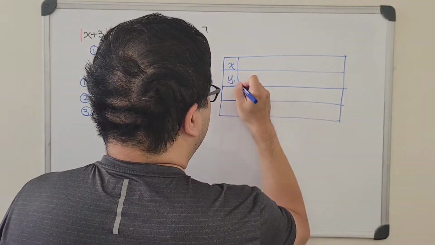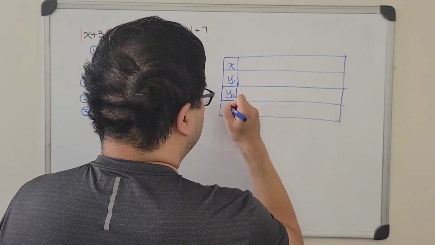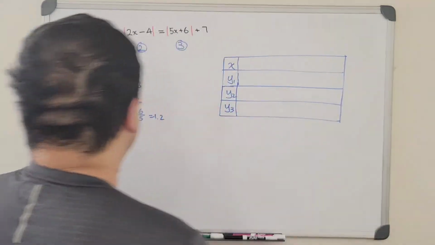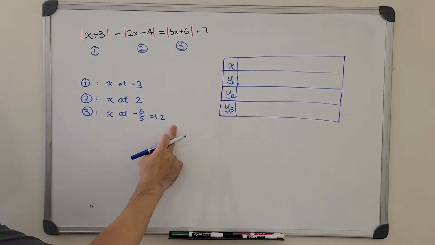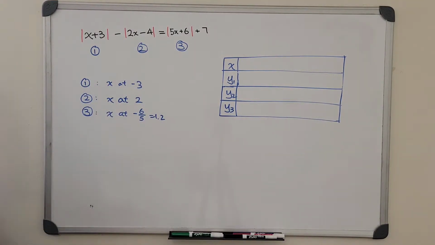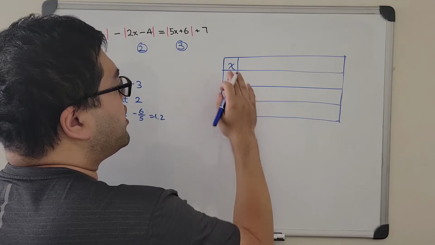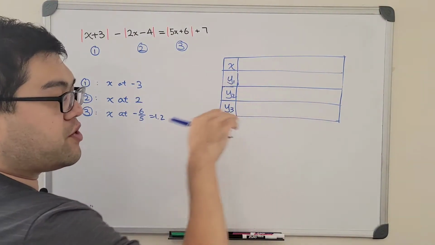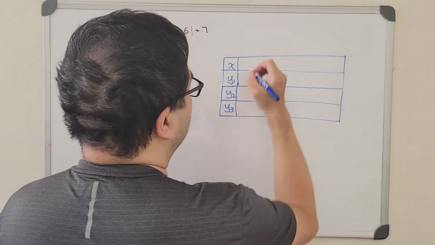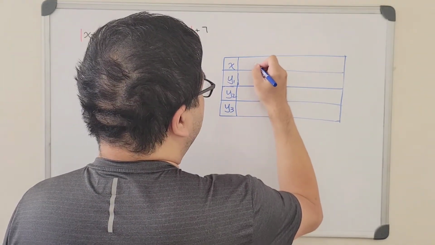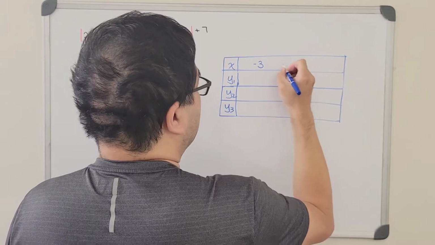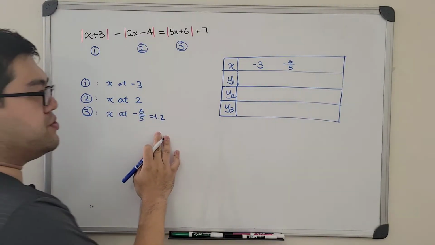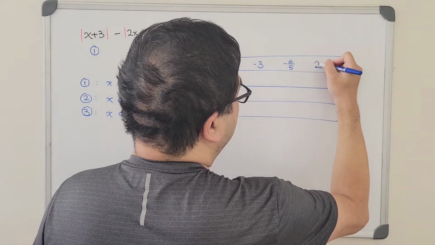Now recall that we found 3 different points such that one of the terms turns into 0. Now we're going to put these values in the first row in increasing order. So we get -3, and then -6/5, which is the same as -1.2, and also 2 here.